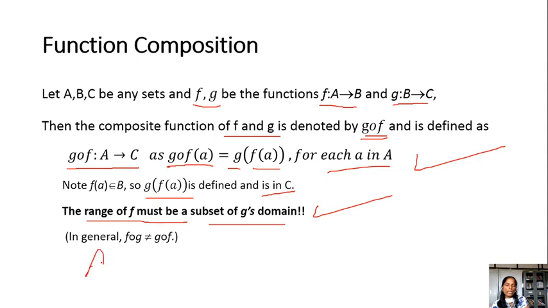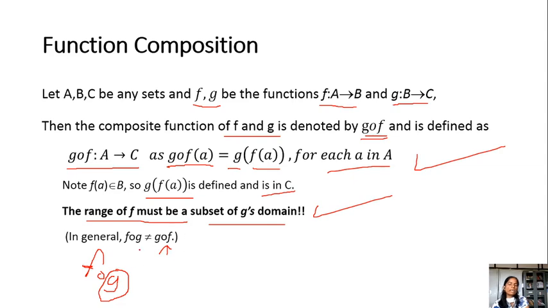So to define f composite g, what do you have? You must have the range here. To define g composite f, the range of f must be a subset of the domain of g, and to define f composite g, you must have the range of g contained in, or a subset of, the domain of f.